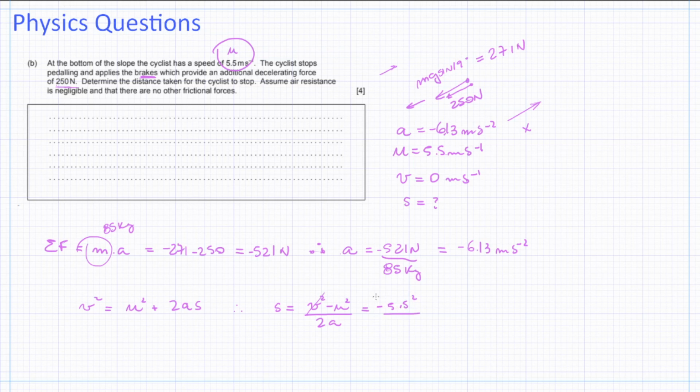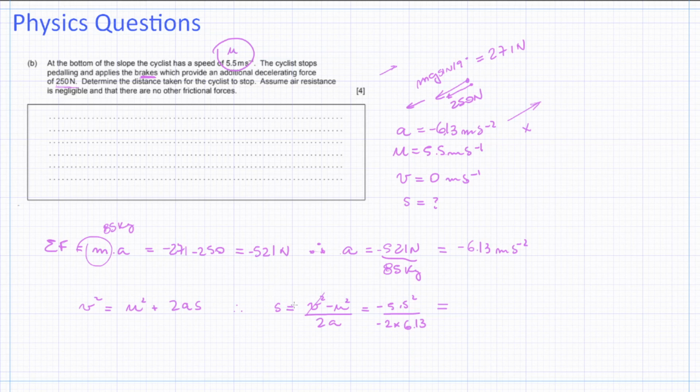Here we can see that we've got a negative sign in front of that, which will cancel out with the sign of the acceleration, since the acceleration is negative. So over negative 2 times 6.13 meters per second squared. I'm not putting the units here because you can see that velocity and acceleration are already in SI units. Everything is in SI units, so I don't have to worry about it.